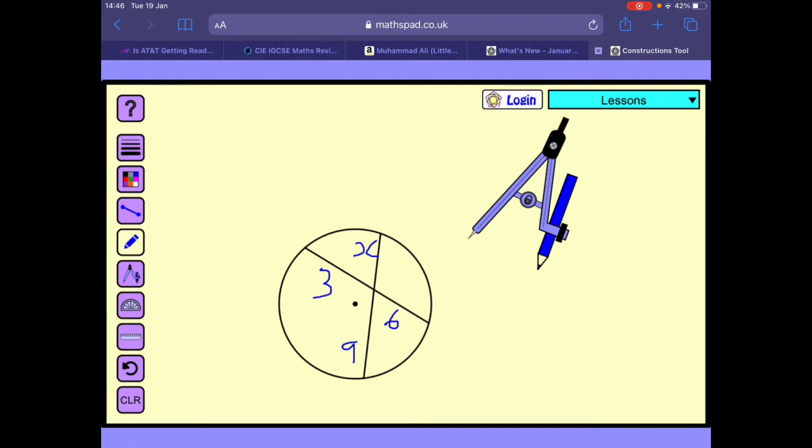Well, the intersecting chords theorem tells me that 3 multiplied by 6, so the two halves of the first chord multiplied by each other, must equal the first bit of the other chord multiplied by the other one, so 9x.